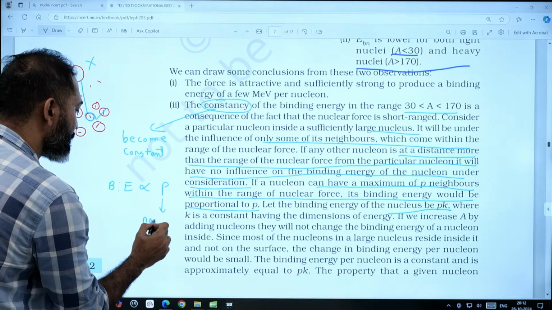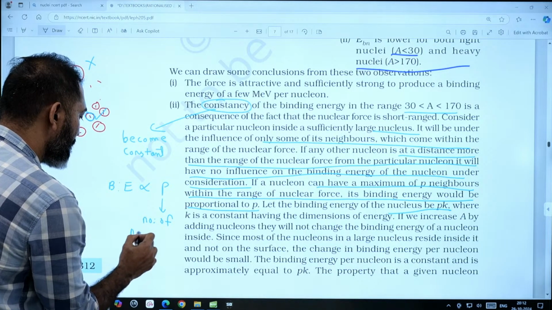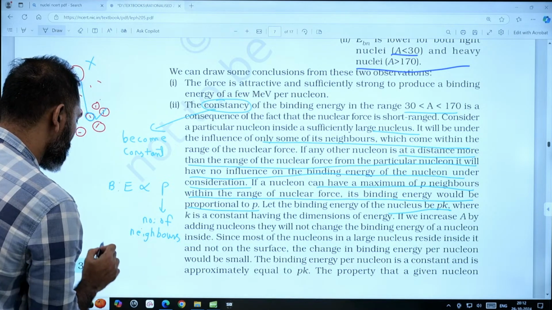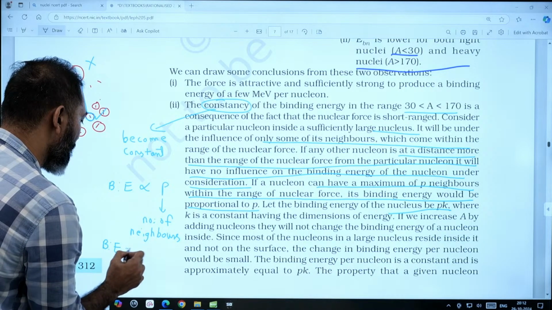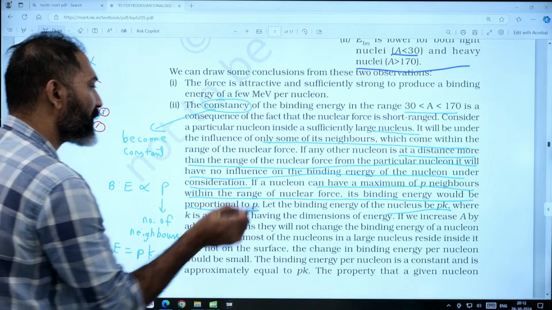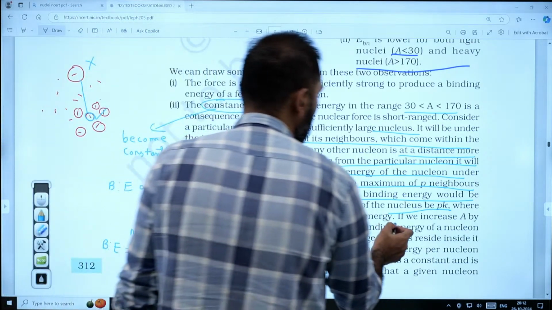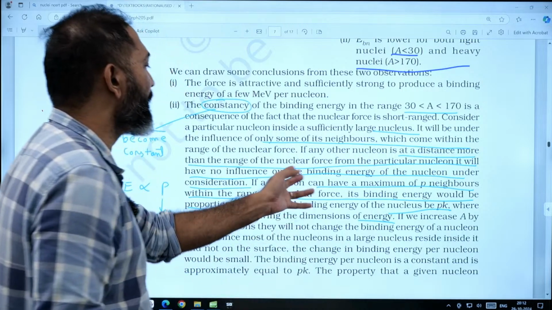Number of neighbors. When you remove the proportionality, there will be a constant. So binding energy is equal to pk, where k is a positive constant having the dimensions of energy.